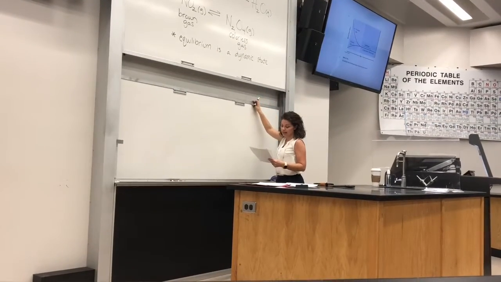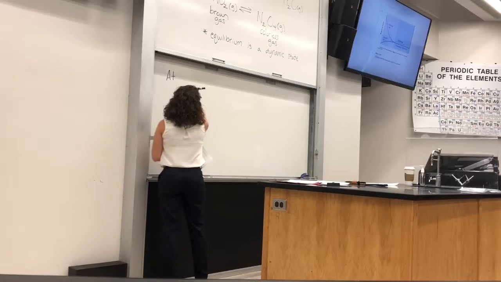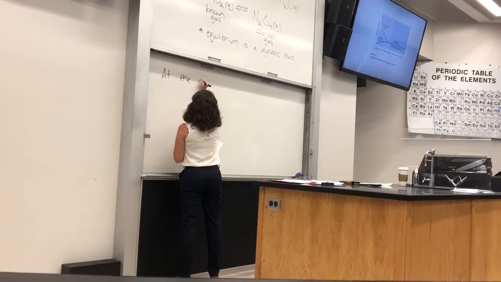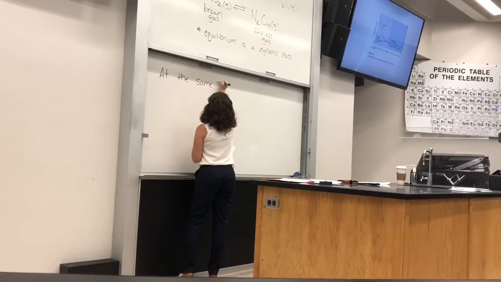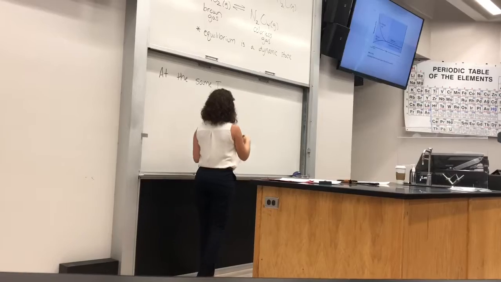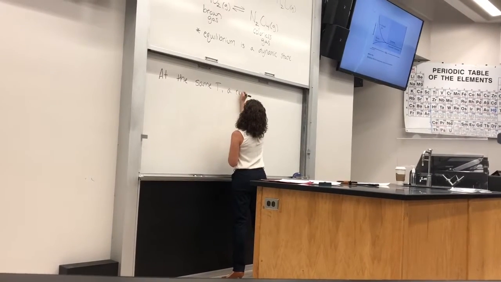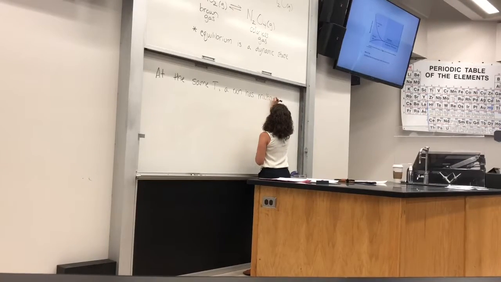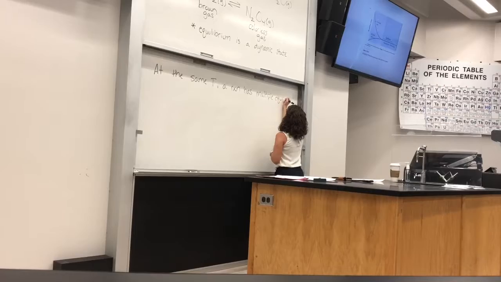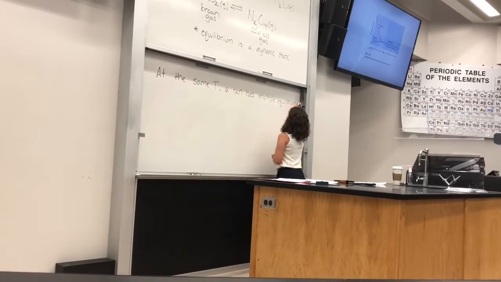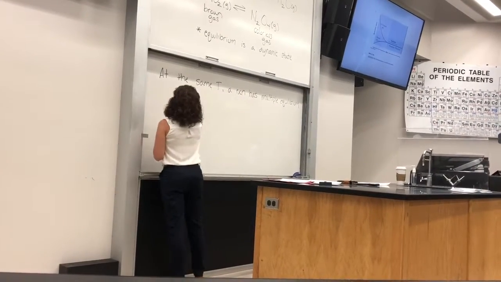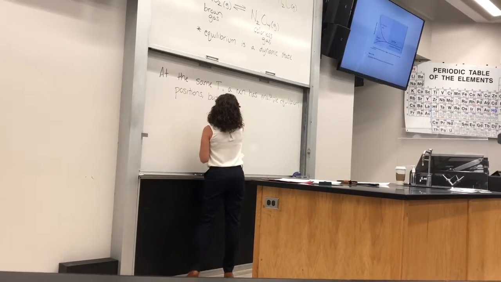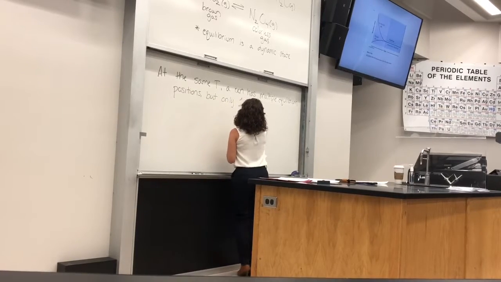It's a dynamic state. And so for a given reaction, as long as you're not changing the temperature, so we'll say at the same T, a reaction has what we call multiple equilibrium positions but only one equilibrium constant.